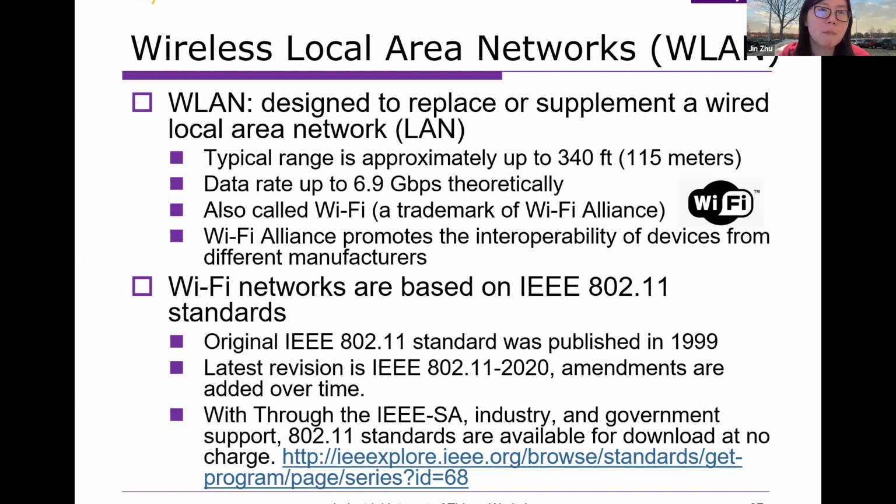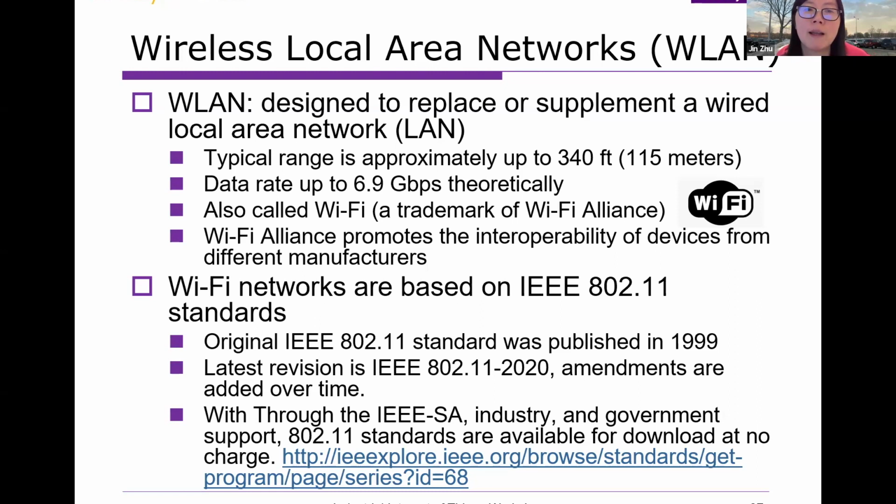When we talk about wireless LAN, we typically just talk about Wi-Fi. So what is Wi-Fi? Wi-Fi actually comes from the Wi-Fi Alliance, an industrial consortium that promotes wireless LAN networks based on the IEEE 802.11 standard.